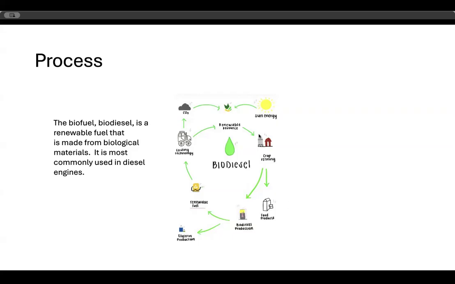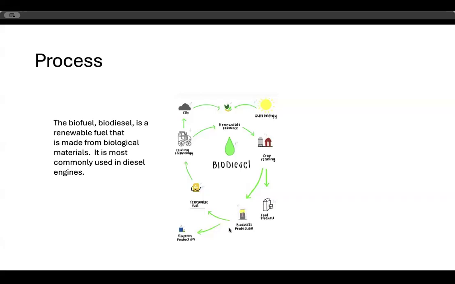Here, I drew the renewable resource that takes energy from CO2 and sun energy. And then you can see in this process that it goes to crop refining and then it goes to food products. Biodiesel production, which is what it produces.